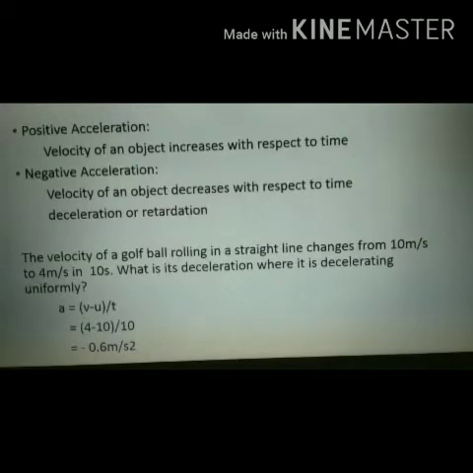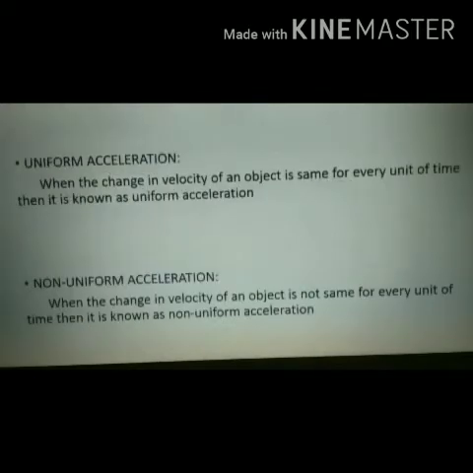By using V, U and T, you can work out this sum where acceleration will be equal to minus 0.6 meter per second square. Now, can you say what is the SI unit of acceleration? SI unit of acceleration is meter per second square.